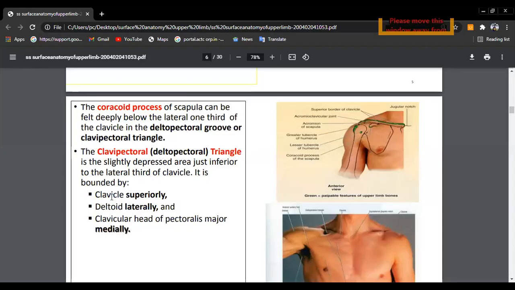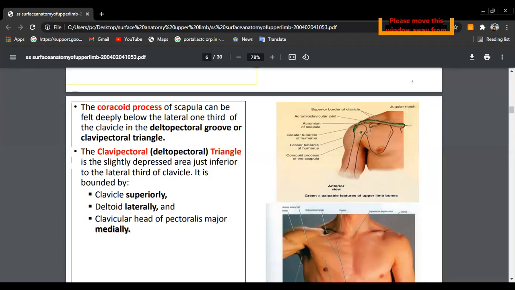So now let us see the boundaries of this clavipectoral triangle, which we have discussed many times, of course. This clavipectoral triangle or the deltopectoral groove is a slightly depressed area just inferior to the lateral one third of the clavicle. So what is the superior boundary we are finding here? Clavicle. What is the lateral boundary? What is the name of this muscle? That is deltoid.